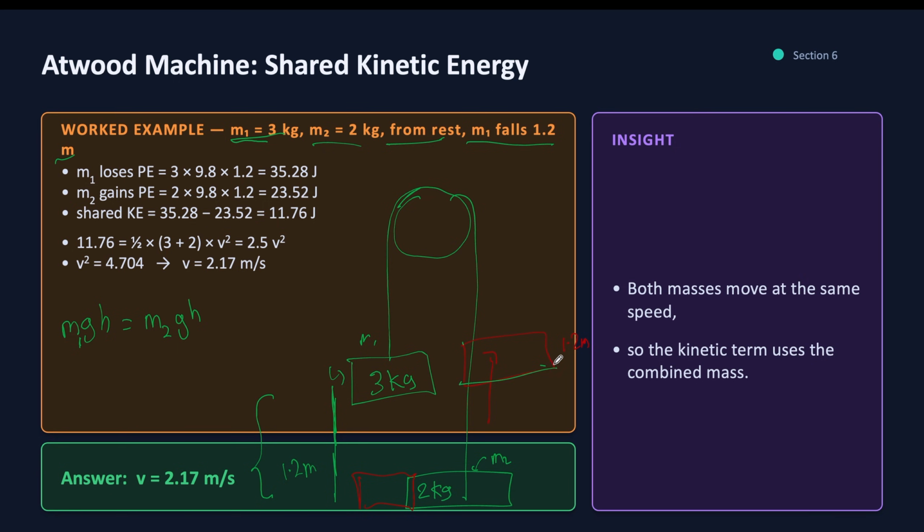It gets up all the way over here. Makes sense. The 1.2 has to be translated somewhere, right? Because if this falls 1.2, the rope has a change of 1.2, which gets reflected over here. And then plus 1/2 (m1 plus m2) v squared, because they both share the same v squared, right? I showed you why that's true in the previous slide.